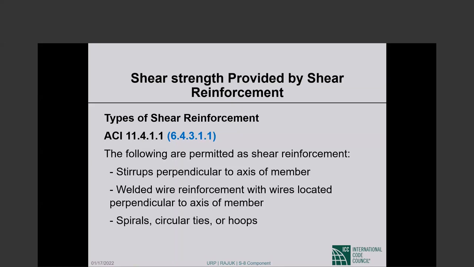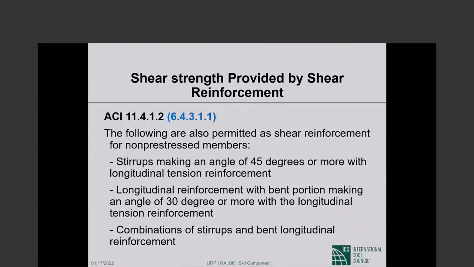The advantage is, how should I say, instead of individual stirrups, some of the work is already done when you get fabric on the job. So anyway, stirrups perpendicular to axis of member, welded wire reinforcement with wires located perpendicular to axis of member, spirals, circular ties or hoops, those are not uncommon at all.